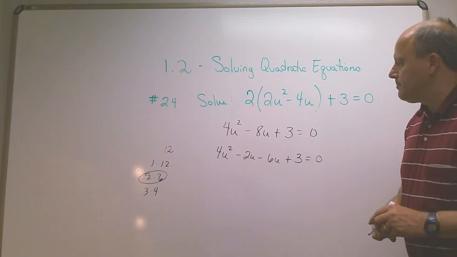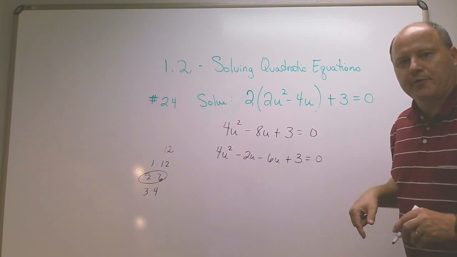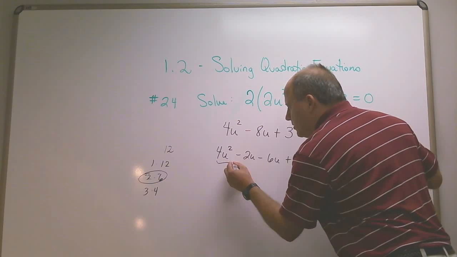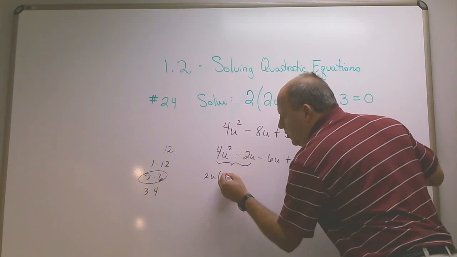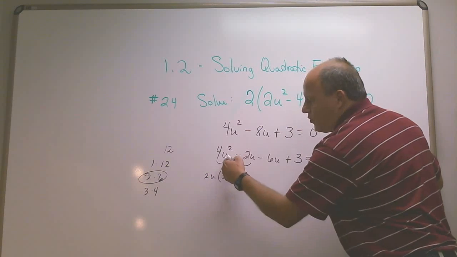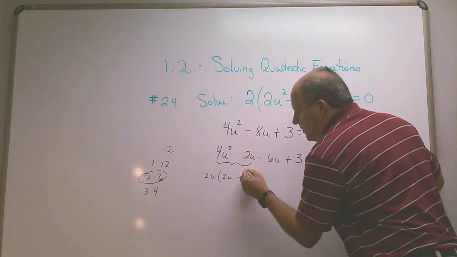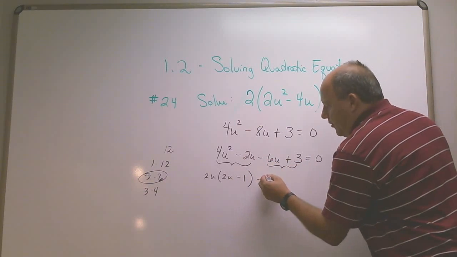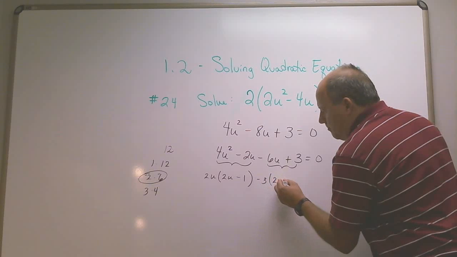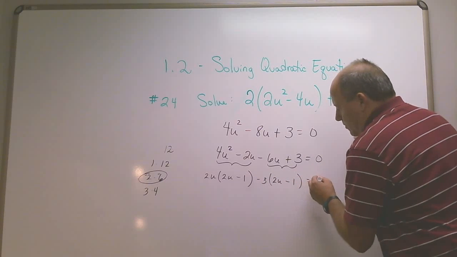Now, you do this by 4 terms, factor by grouping. So the first 2 terms, you take a 2u out. You're left with 2u minus 1, because 2u times 2u is 4u squared. On the second 2 terms, you pull out a negative 3. And what's left is 2u minus 1, which is what you need.